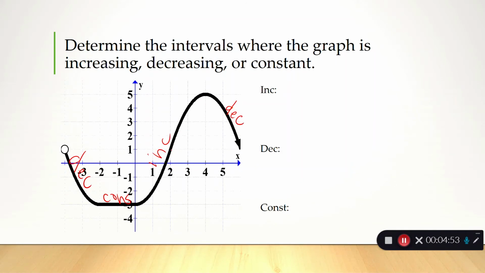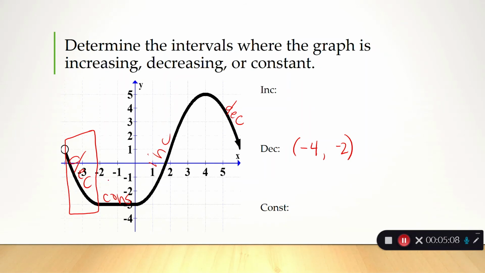Okay, because we read from left to right, we're going to start with this decreasing section. There's not an arrow here, so it specifically starts at x equals -4, and it stops decreasing. I'm going to round to x equals -2. Wherever it stopped decreasing at -2 is where it picks up being constant.